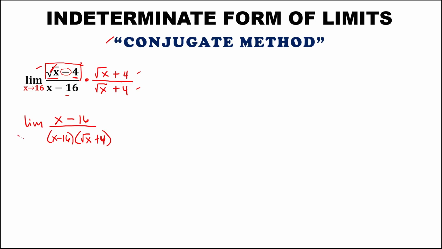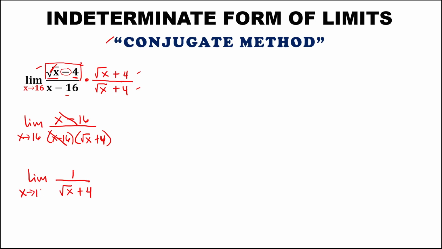Then again, as x approaches positive 16, this time we need to cancel this x minus 16 and x minus 16. So this is now the new equation. The limit in the numerator is 1, then over the denominator we have the square root of x plus 4.